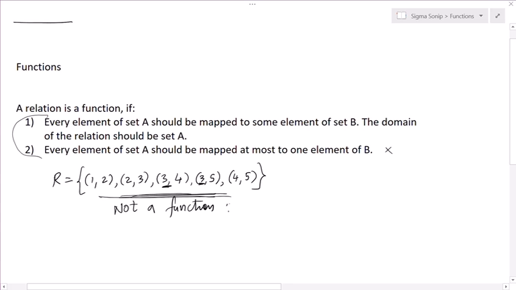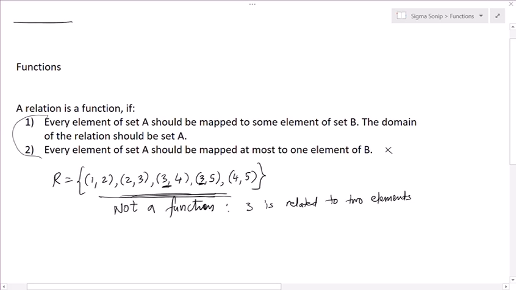So it is not a function. 3 is related to two elements in the second set.